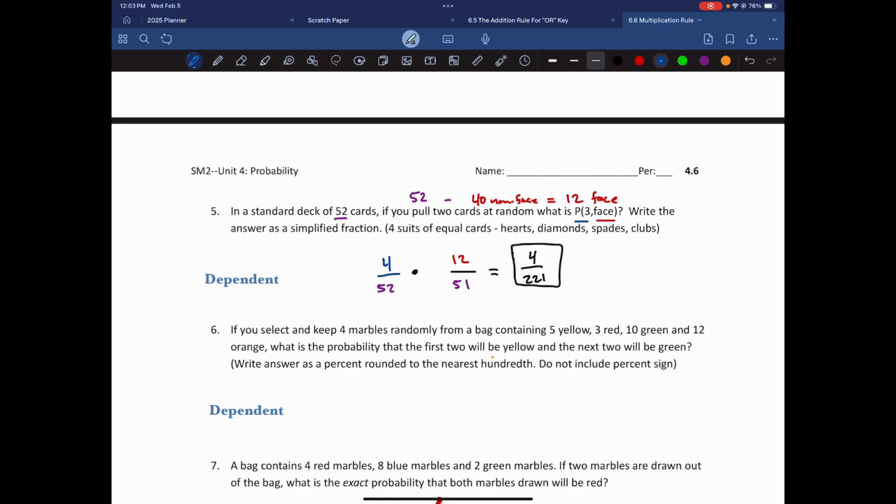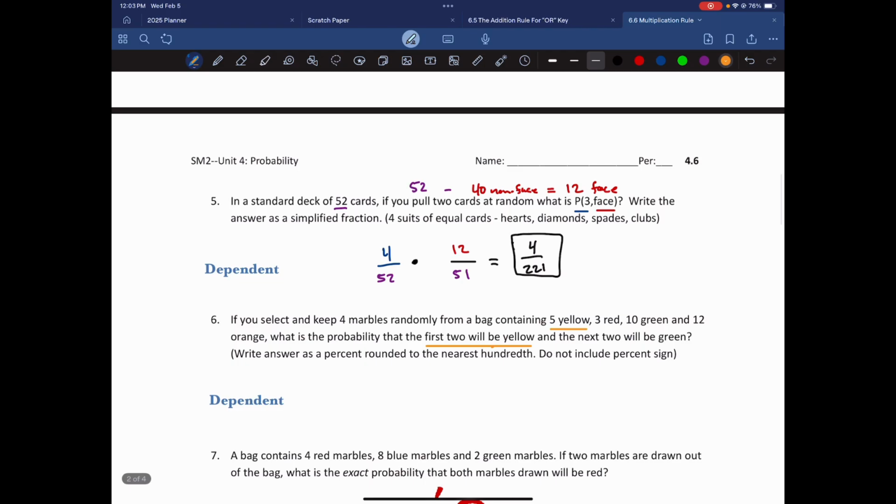So I want the probability of the first 2 being yellow. How many yellow do I have? I have 5 yellow. So for my first fraction, 5 over my total.